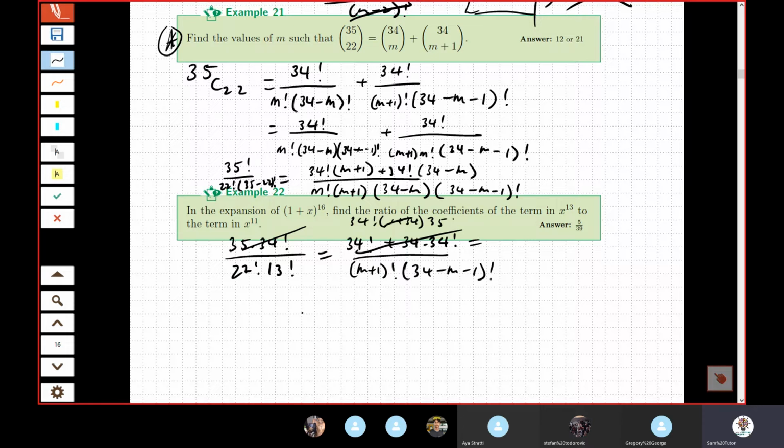And then factorial plus 13 factorial is equal to this. 1 factorial, 34 minus 1 factorial, 34 plus 21.